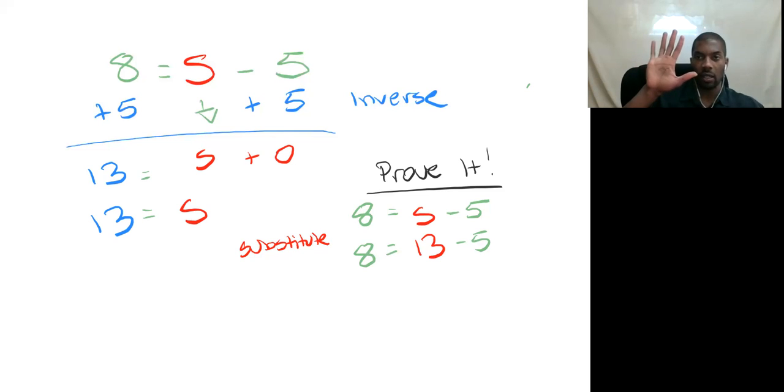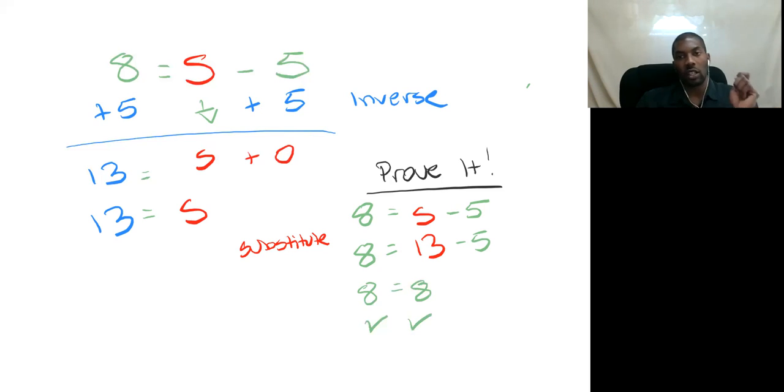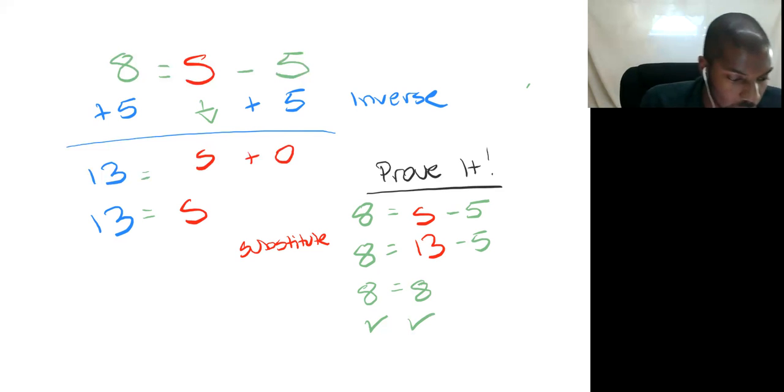I have 13, 12, 11, 10, 9, which leaves me at 8. Or 8, 9, 10, 11, 12, 13. There you go. 13 minus 5 is 8. And there you have it, ladies and gentlemen, using addition to solve subtraction problems.